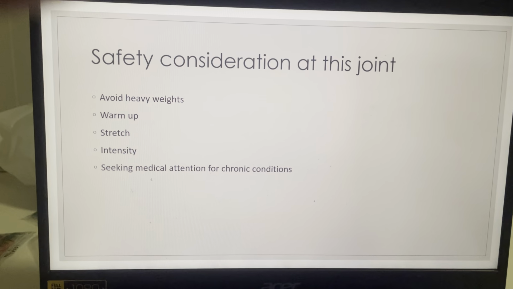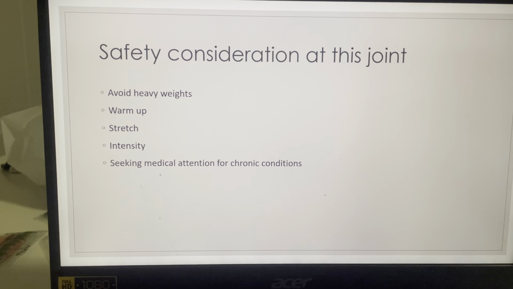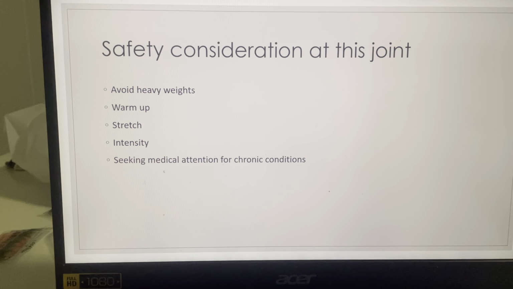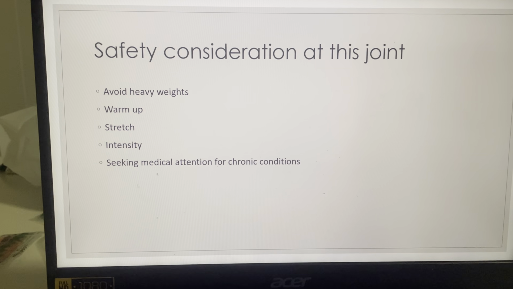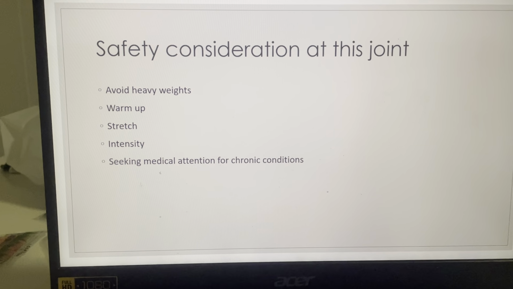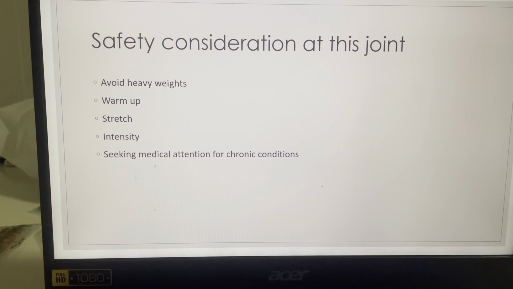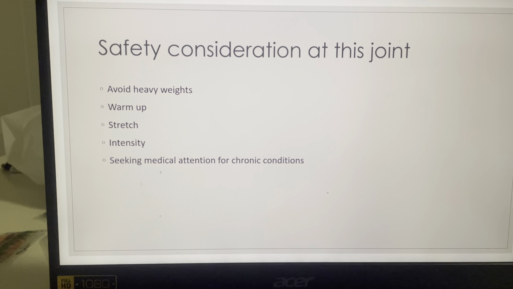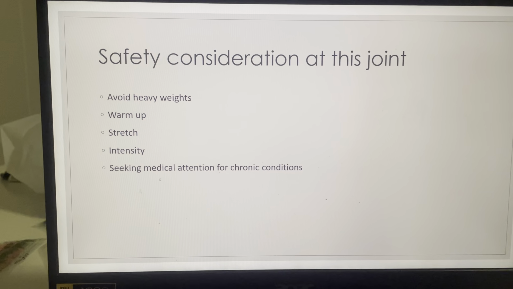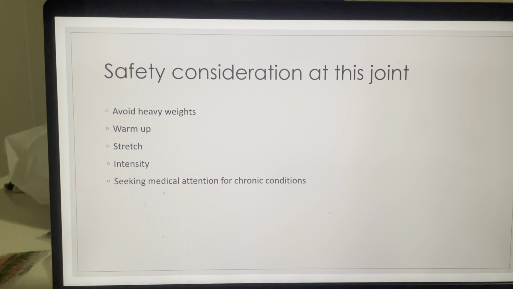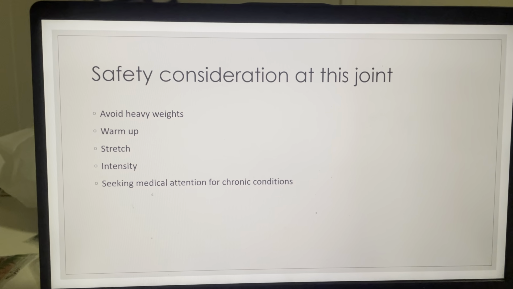So, safety considerations at this joint. I reckon first we should see a doctor if we have some chronic conditions, so it will allow us to work out with the client. Avoid heavy weights when we have a knee joint problem, as it is a good way to prevent the joint pain from getting worse.